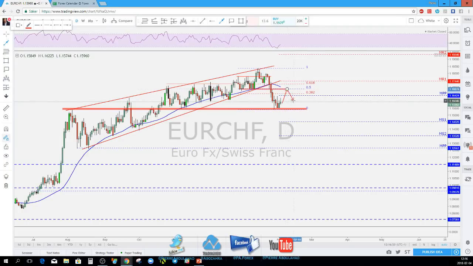That would be the first level I'm looking at for possible shorting opportunities in anticipation to reach these lows, and if that is broken, we may keep moving even lower. Okay, so that is the scenario for this pair.